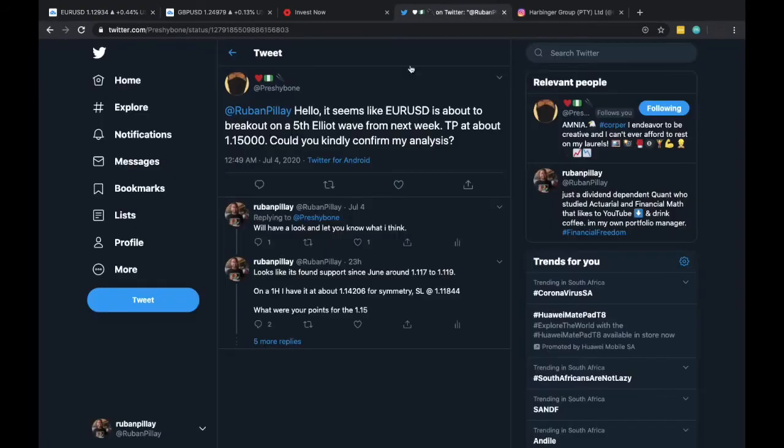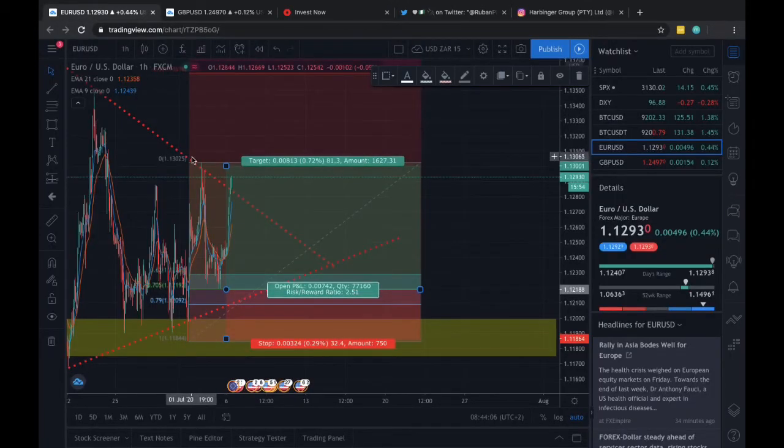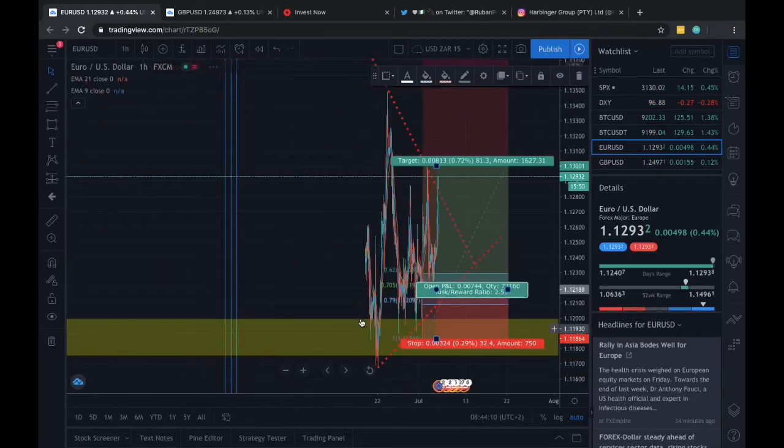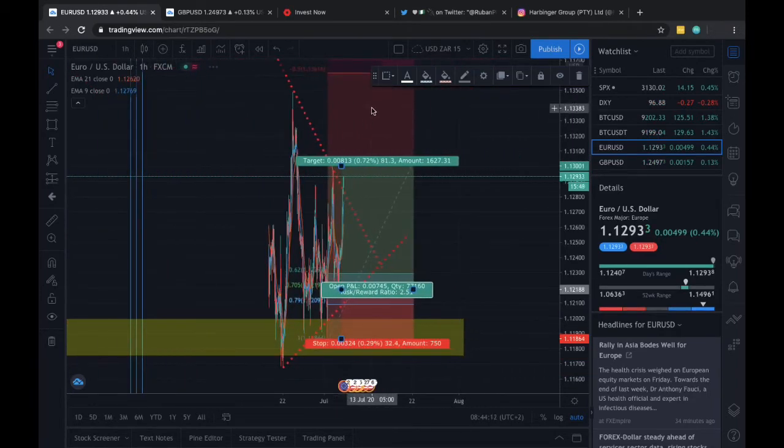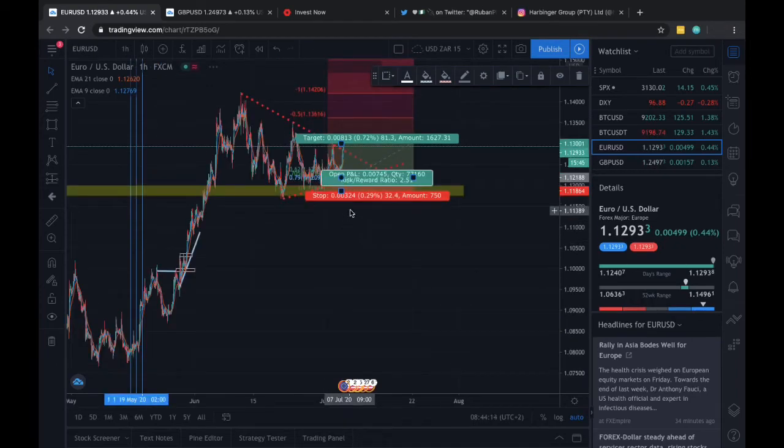And I had my 1 hour at 1.14206 for symmetry. Symmetry basically tells me that this would be my take profit 1, and my take profit 2 would be above this here, where I expect the market to be reversing or performing a symmetry.